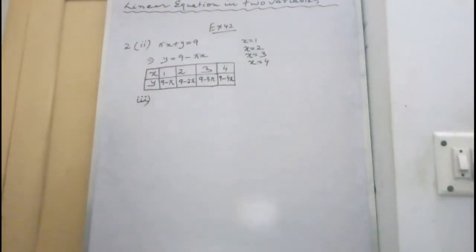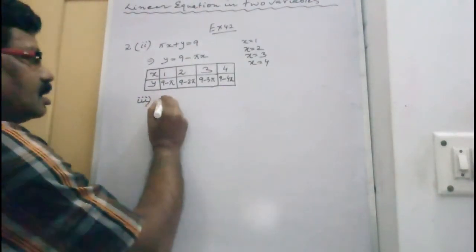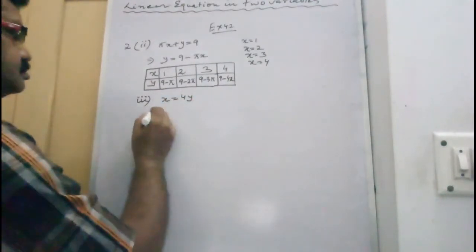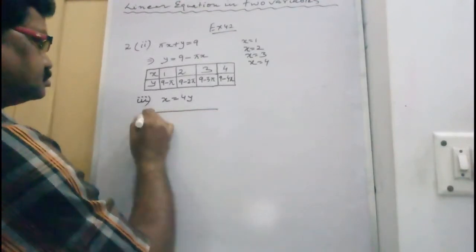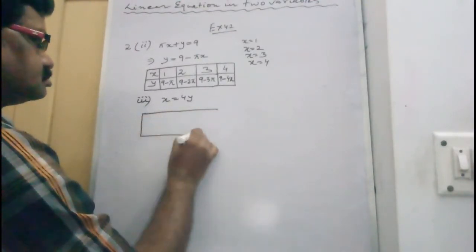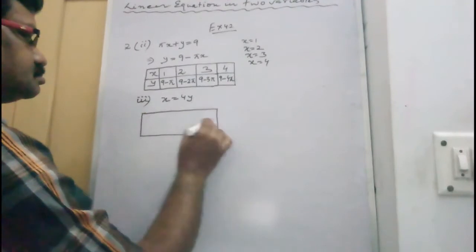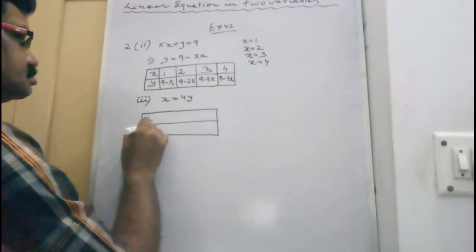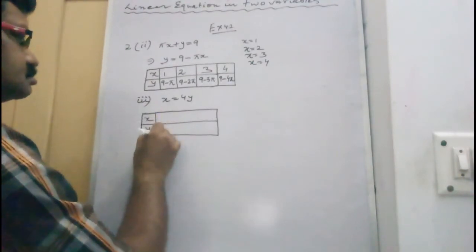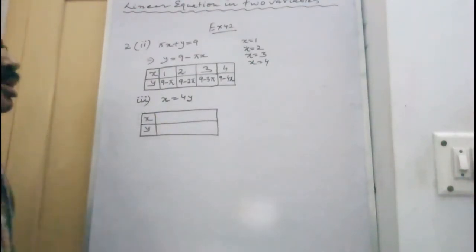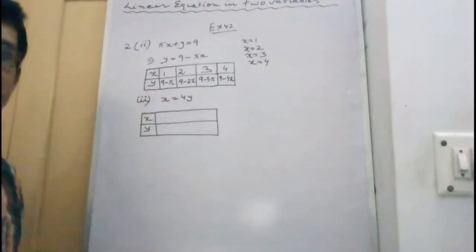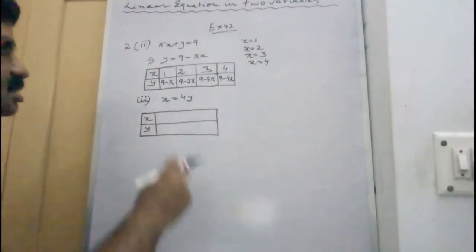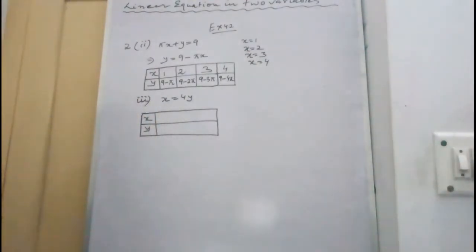Number 3, x equal to 4y. That means you take the value of y, and against that you get the value of x.